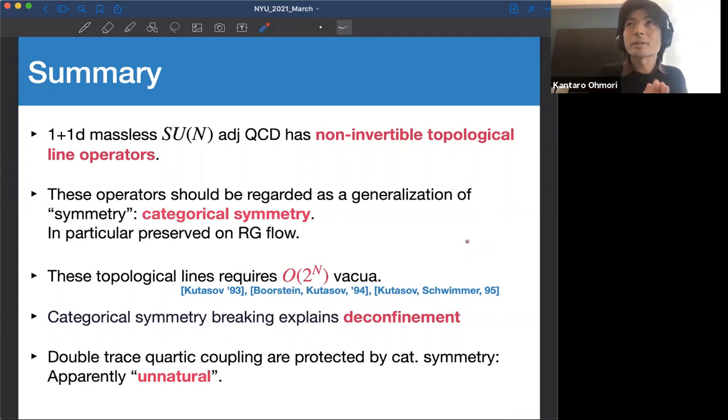The topological line or topological surface operator should come with an orientation, and so there's a notion of dual of the operator defined by just flipping the orientation. For Z2 symmetry, the dual is itself. For the generator of Z3 symmetry, the dual is just its inverse. More generally, for a given topological line or topological operator, there's always some dual which is close to the inverse.